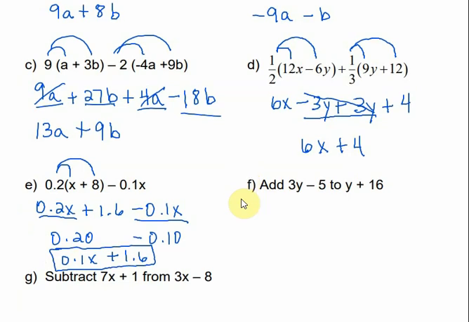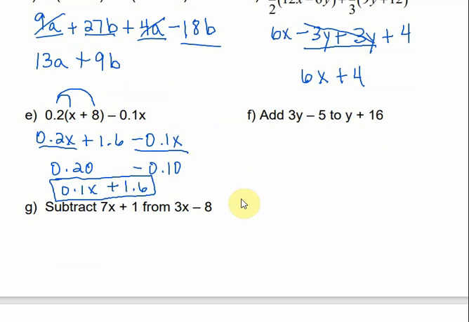Okay, so the next two examples are in words. So F says add 3y minus 5 to y plus 16. So this is grouped together, and this is grouped together. So we're going to add this to this. Okay, so we got to start with the y plus 16, and we're going to add 3y minus 5 to it.